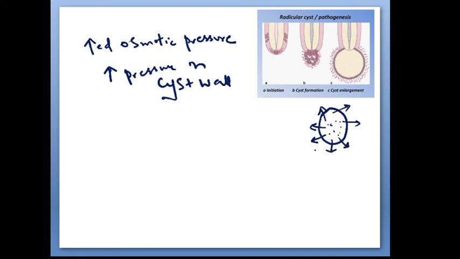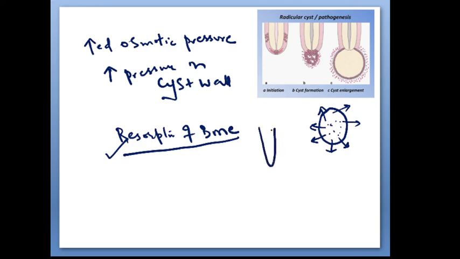As a result, there is resorption of bone, which further helps in enlargement of the cyst, and thus formation of a typical cyst surrounding the apex of the tooth, which has a cavity, an epithelial lining, and a surrounding capsular area, and thus it is a true cyst. Thank you.